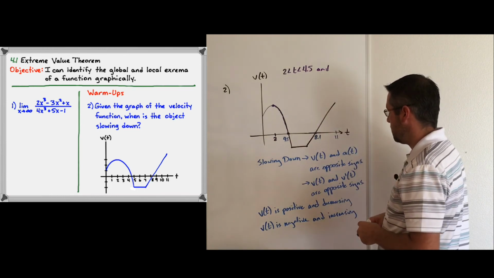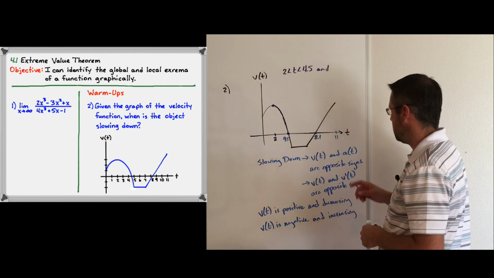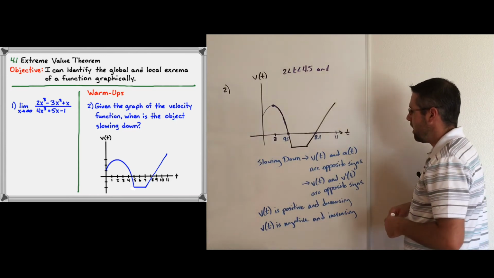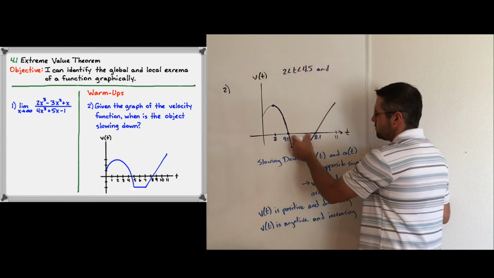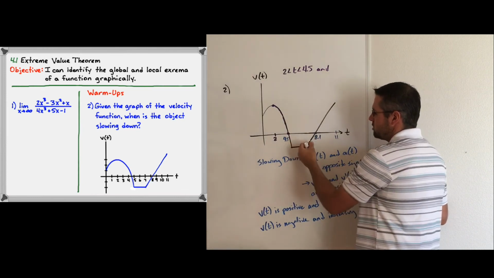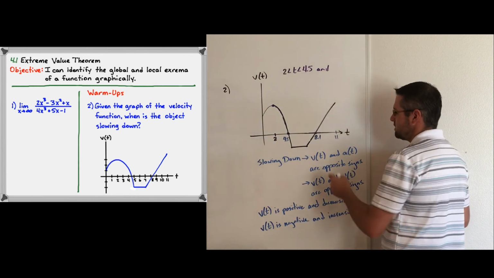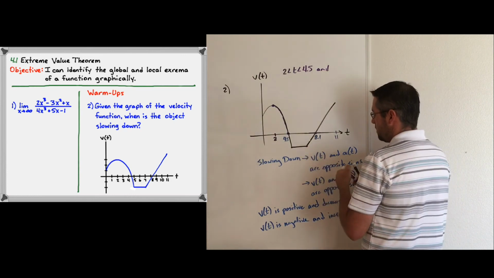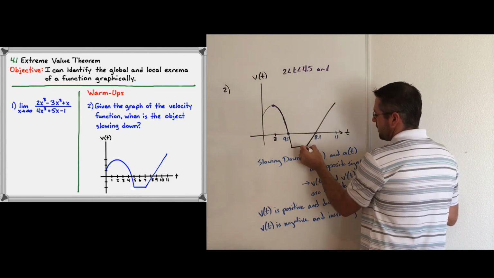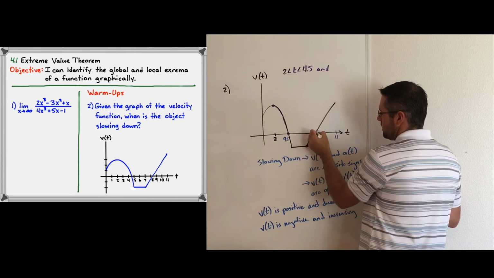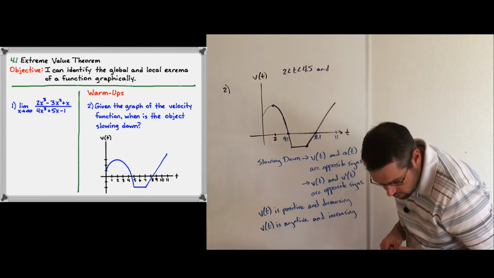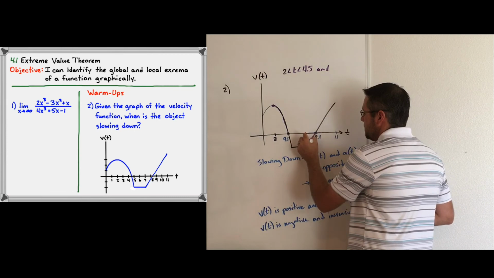Where else are the sign of velocity and the sign of acceleration opposites? Well, in this region, velocity is negative, so we're looking for when velocity is increasing. Velocity is negative and increasing over this interval, starting here and going to here. That starts at 7 there.